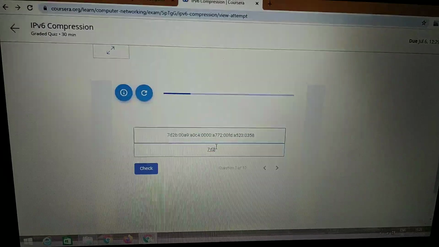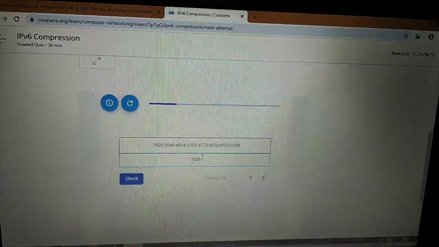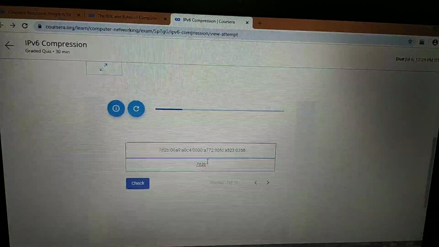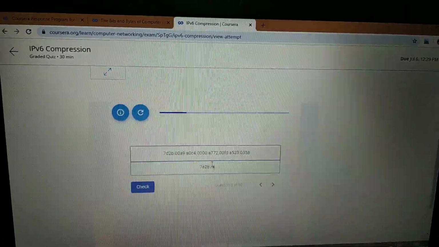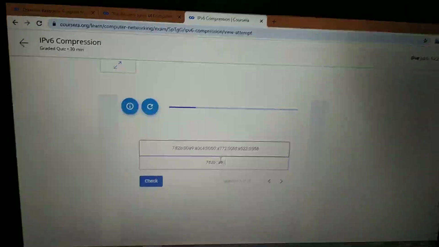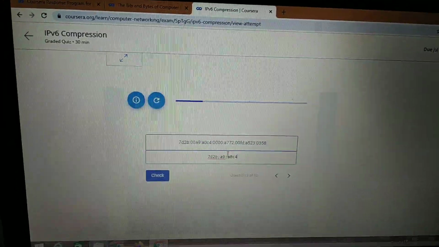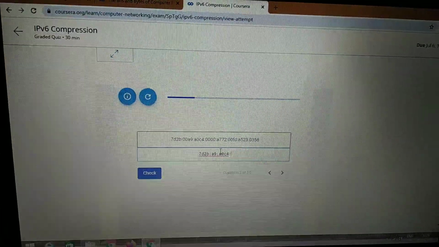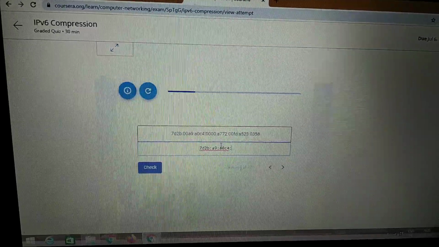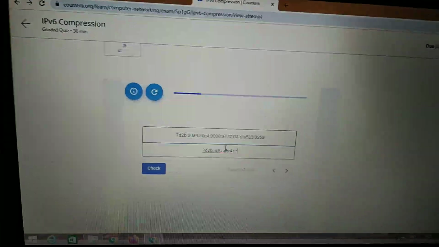72B colon, eliminate zeros and enter the remaining part A9 colon, after that A0C4 colon, after that we are having 4 zeros, so we have to give one more colon.